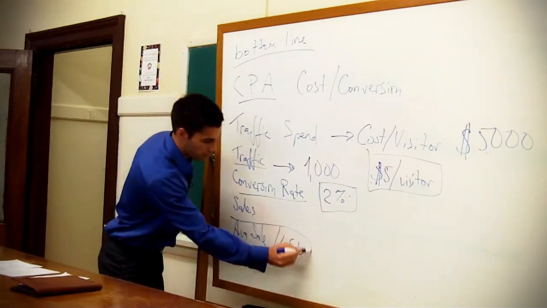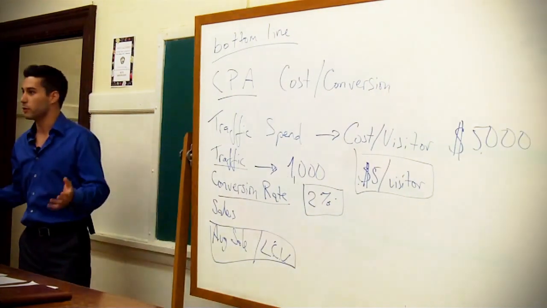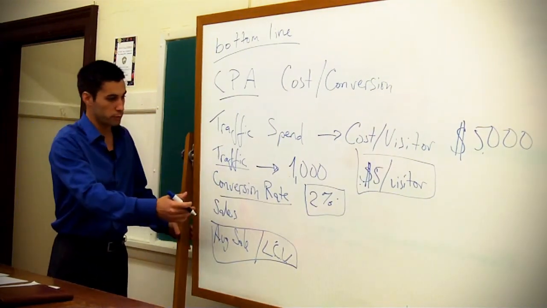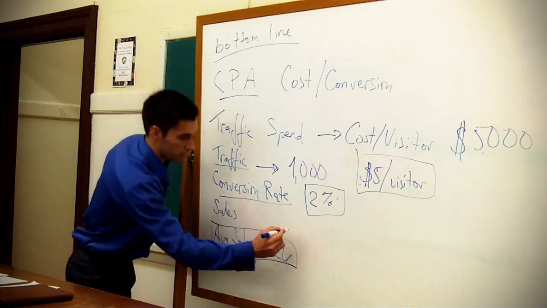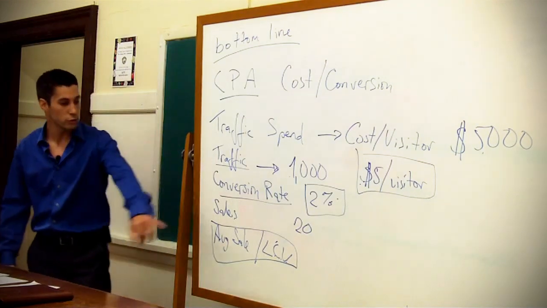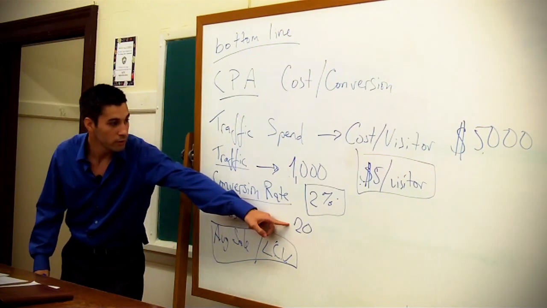So this is part three. These three things are what are going to determine your bottom line at the end of the day. So if you have a conversion rate of 2%, that's 20 sales. So you just spent $5,000 to get 20 sales.